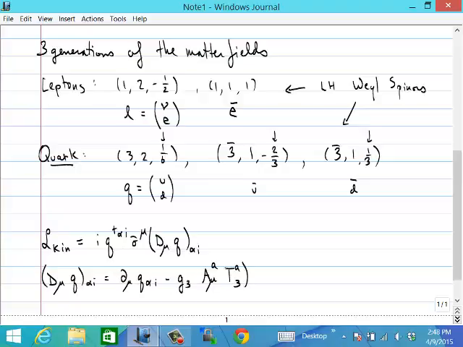Here, this T3 are the generators of SU3 in the fundamental representation, otherwise known as the Gell-Mann matrices, which you are hopefully familiar with. And that acts on the color index.